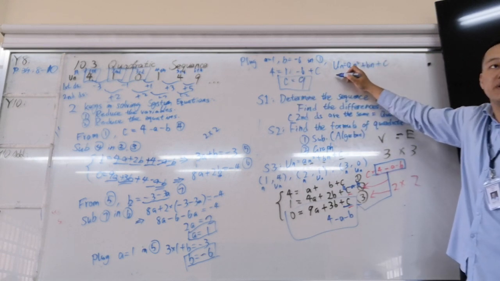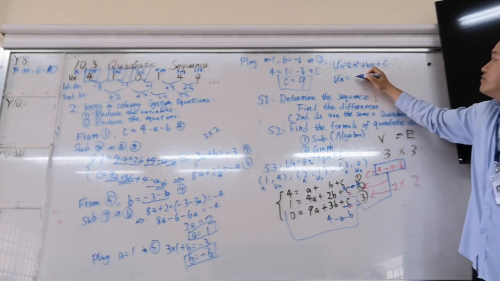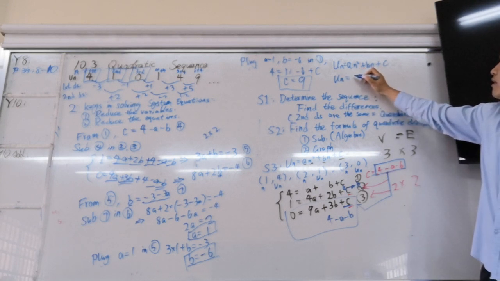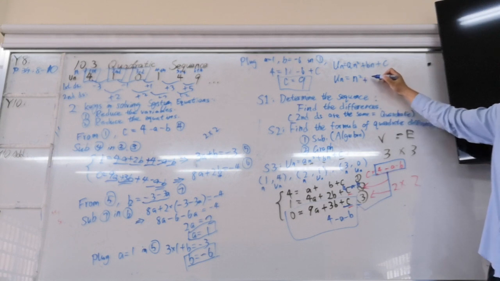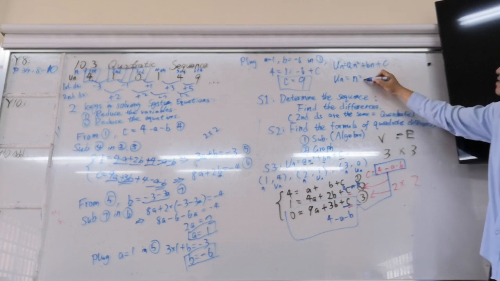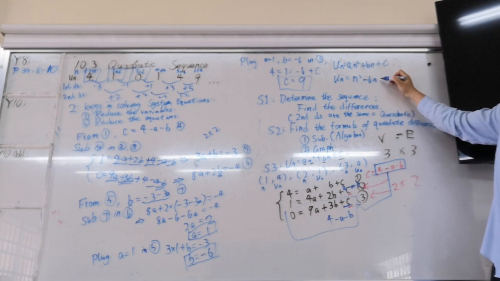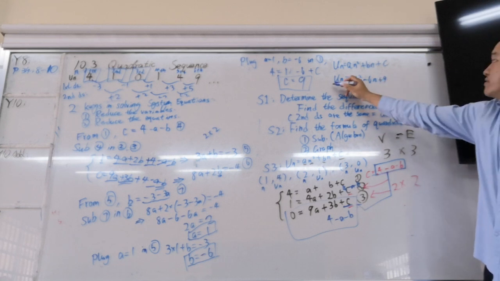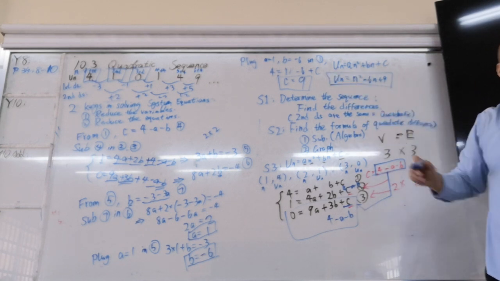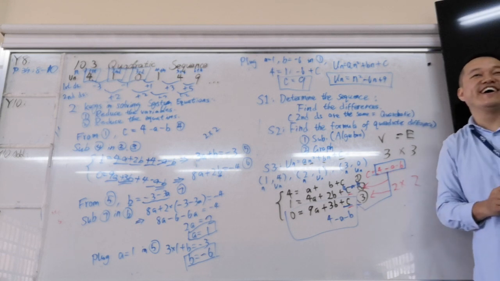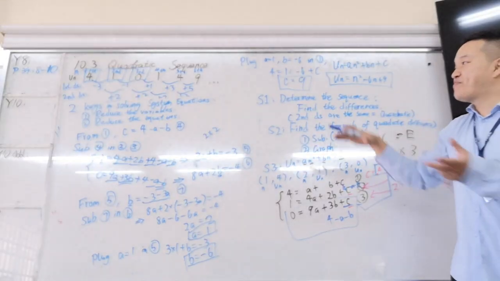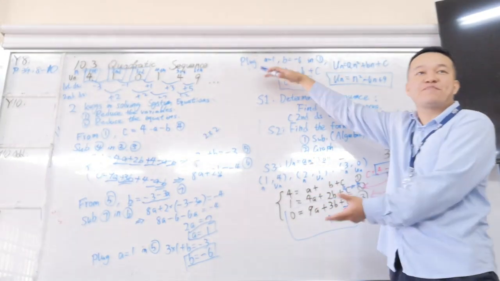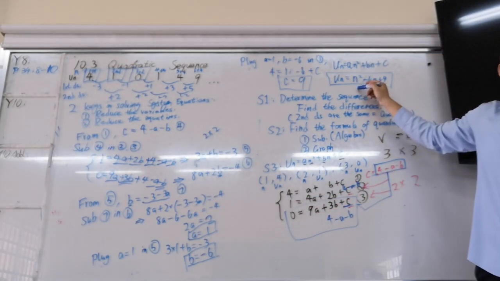Un is equivalent to n squared plus negative 6n plus 9. Okay, this is the formula.